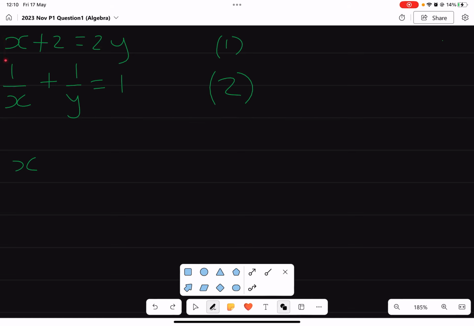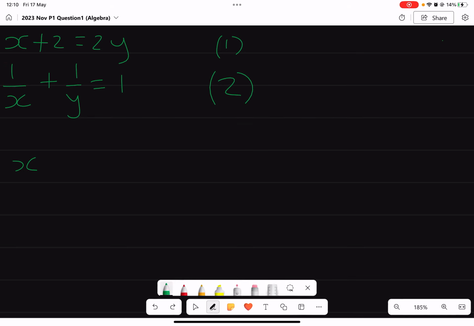So I always choose the one with a coefficient of 1. So now we're going to have x equals 2y, and then I take the plus 2 to the other side. So I'm going to have 2y minus 2. And this is still equation 1. It didn't change. I just rearranged it. I just moved this to the other side.